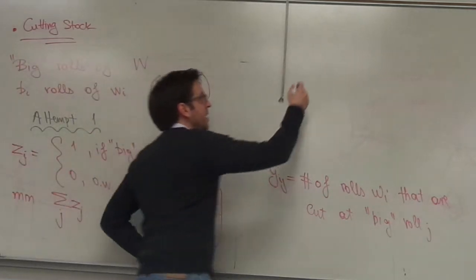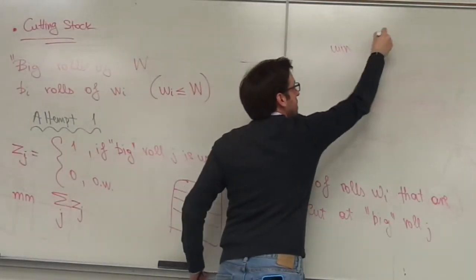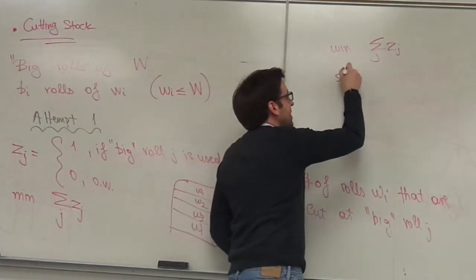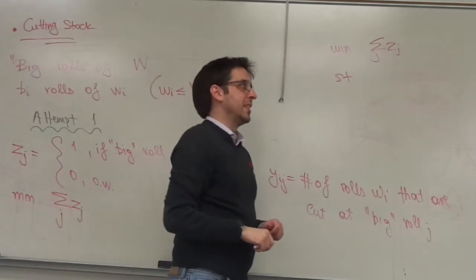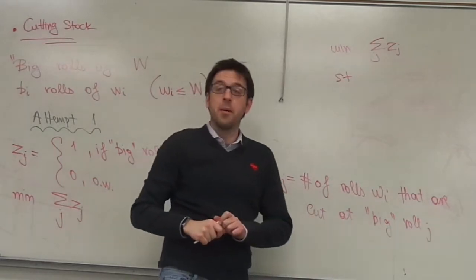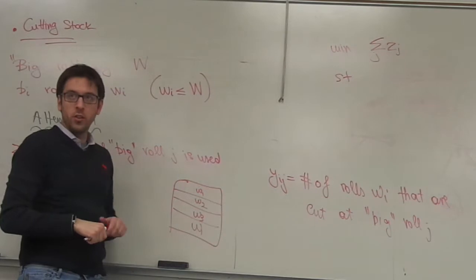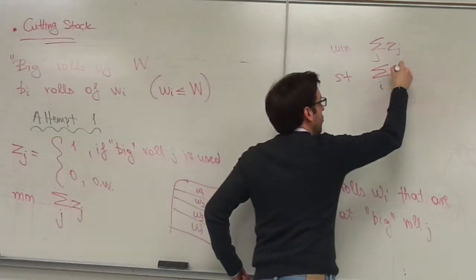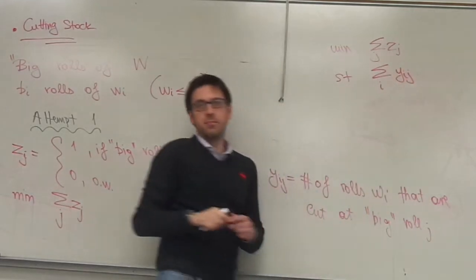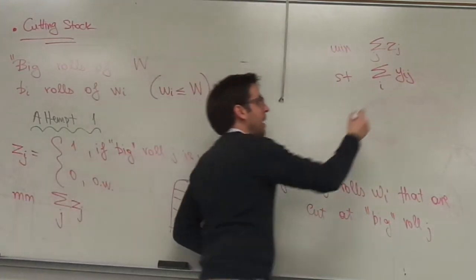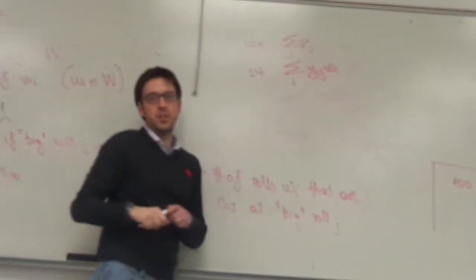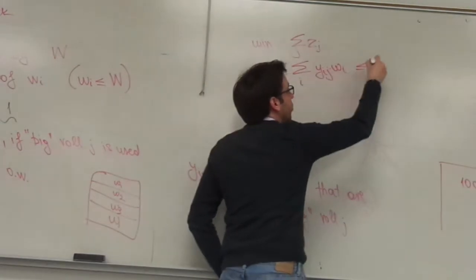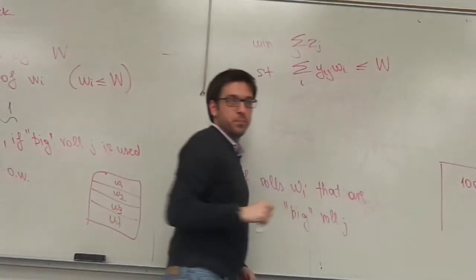Okay? So my formulation for attempt 1 is going to be minimize the number of rolls that you cut such that you have a budget constraint on the width over here. So basically, the summation over all i's of Yij multiplied by Wi, which is the I that you do, has to be less than or equal to big W. Clear?